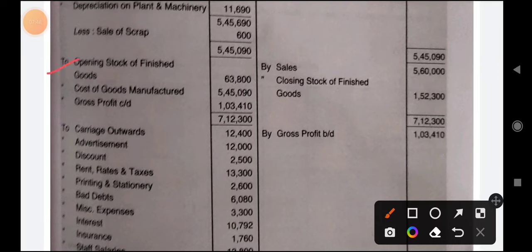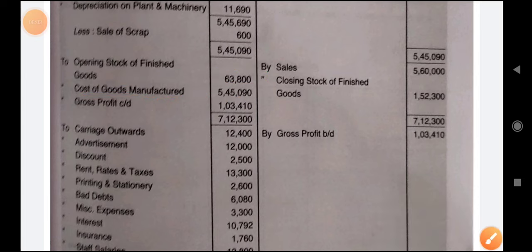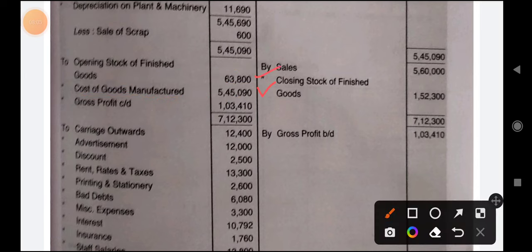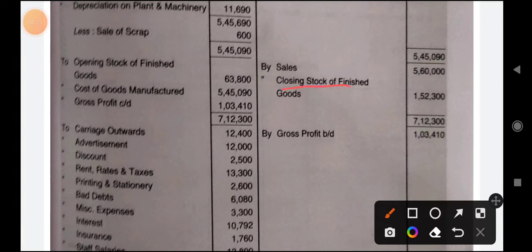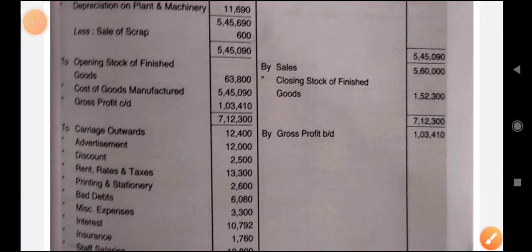Continuation, trading account. Opening stock of finished goods 63,800. Cost of goods manufactured, this is transferred from manufacturing account, 5,45,090 rupees. And we have sales given 5,60,000 in the question, and closing stock of finished goods 1,52,300 given in the adjustment as a note.